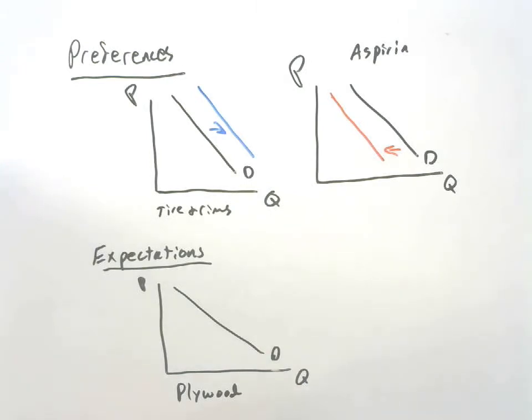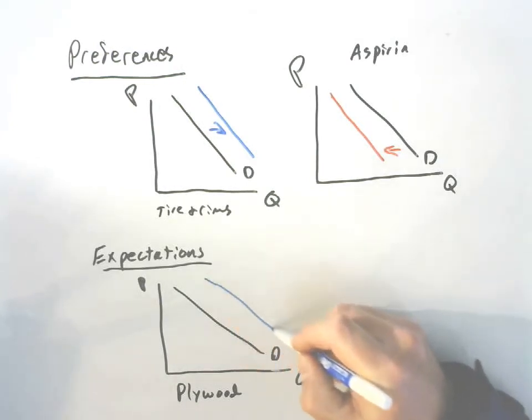Well, assume that the National Weather Service says that there's a hurricane 2 days away off the coast, and it's heading this direction. What's going to happen to the demand for plywood in the coastal regions of the country?